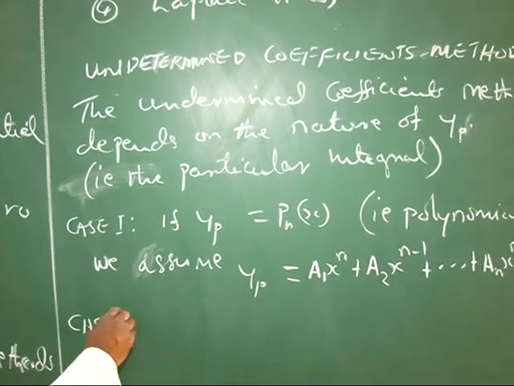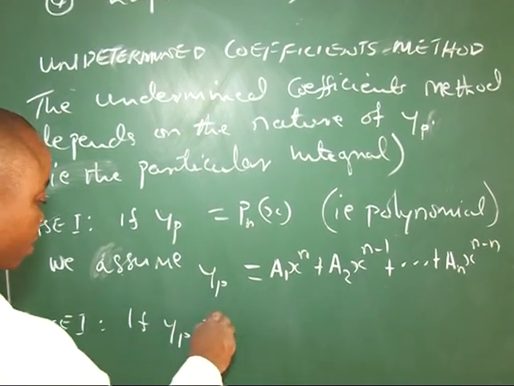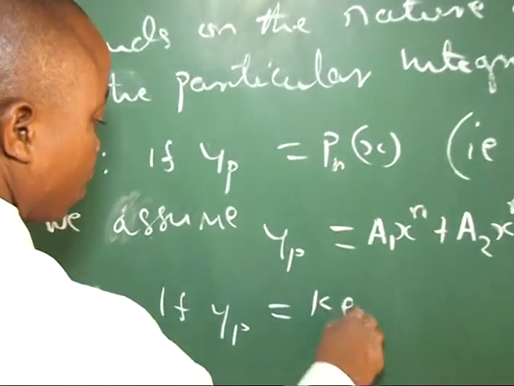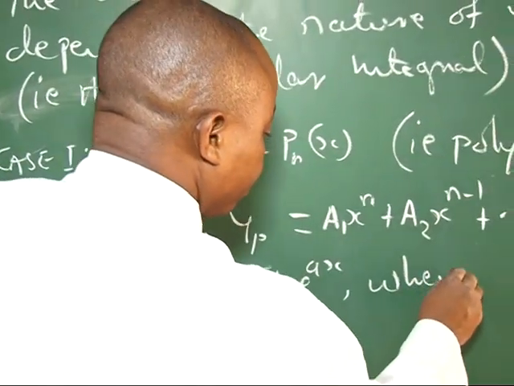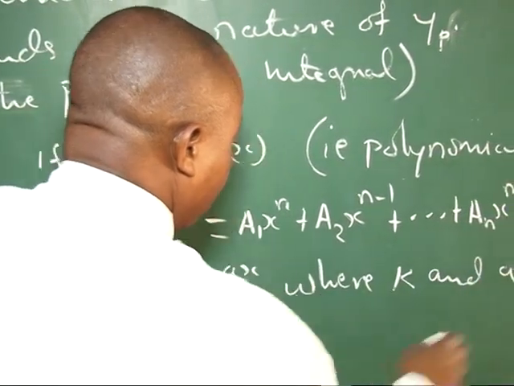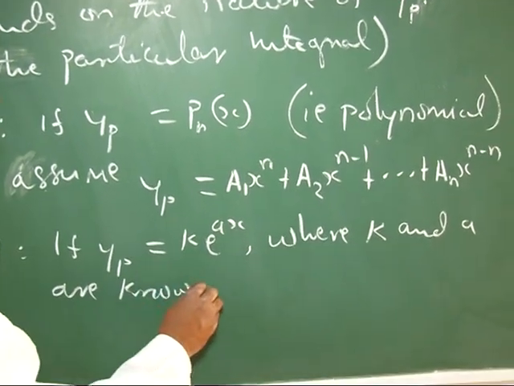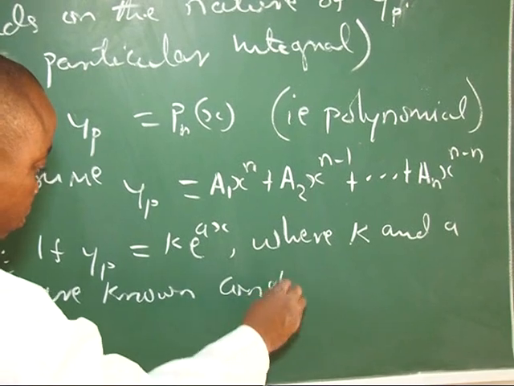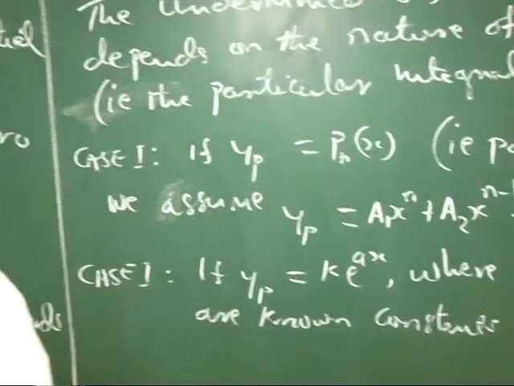Case 2. If yp is equal k exponential ax, where k and a are known constants. What happened?